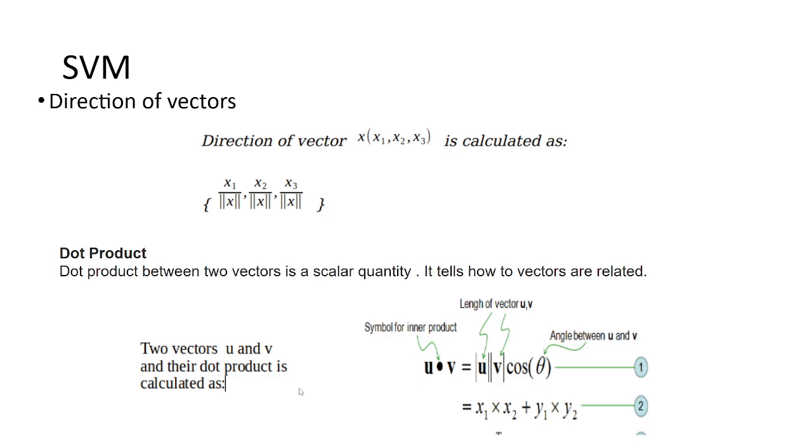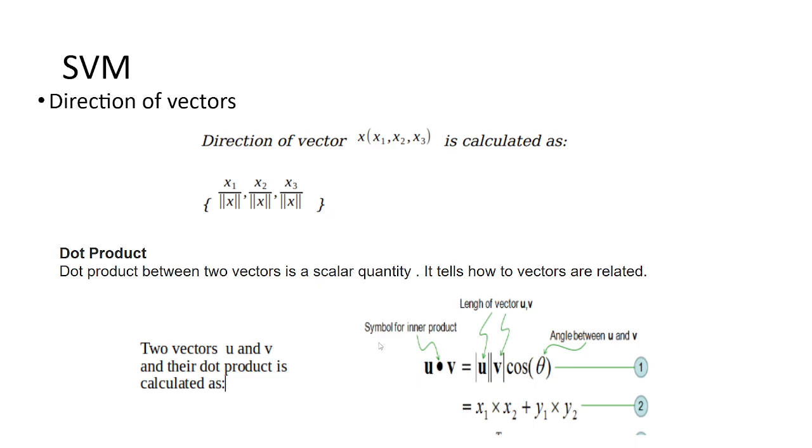Now the direction of the vector can be calculated as per this formula and the dot product formula. The dot product between two vectors is a scalar quantity. It tells how the vectors are related to each other.